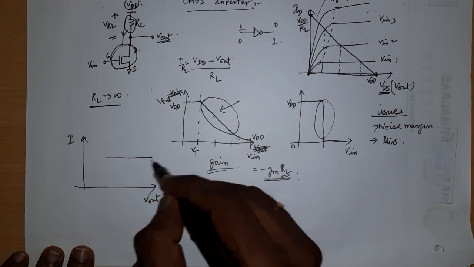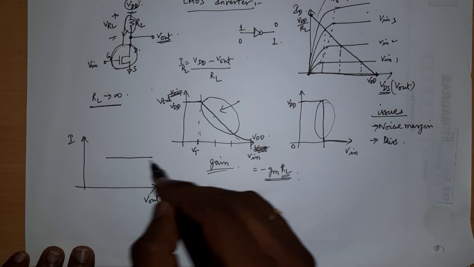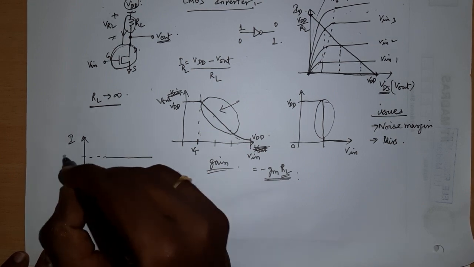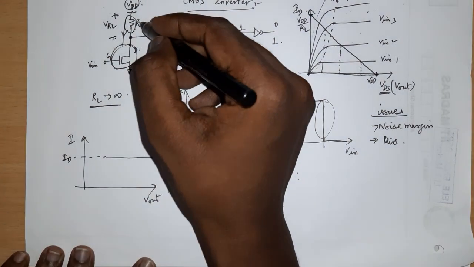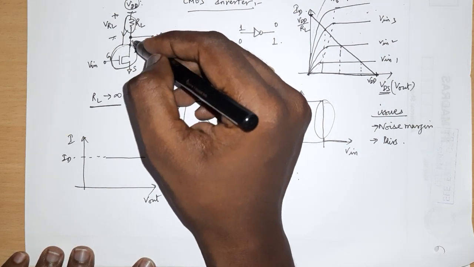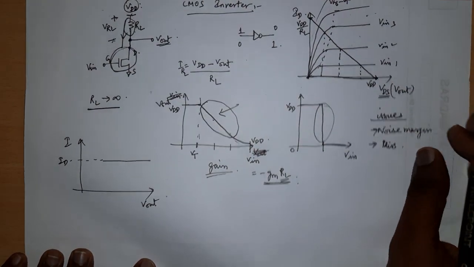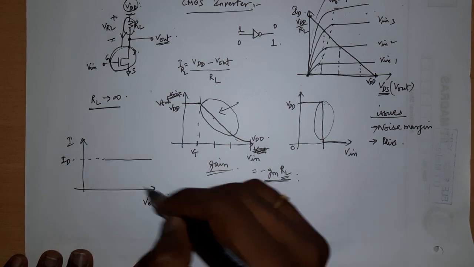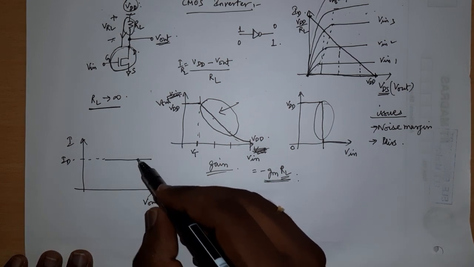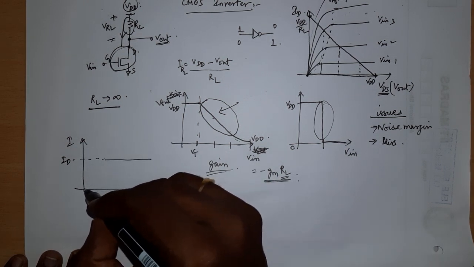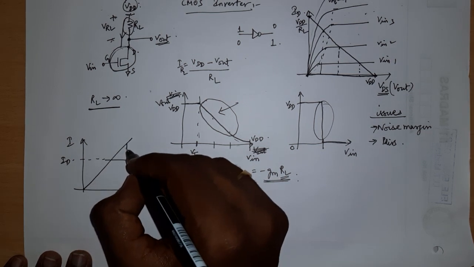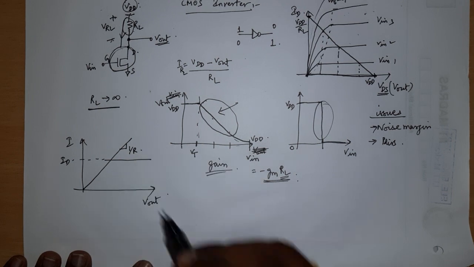So in the saturation region, MOSFET is providing some constant current, let's call it ID. Okay, and there is some current through the resistor. If you draw the current versus voltage plot for the resistor, then you will have a linear line, right, something like this, and the slope of which is 1 by R.